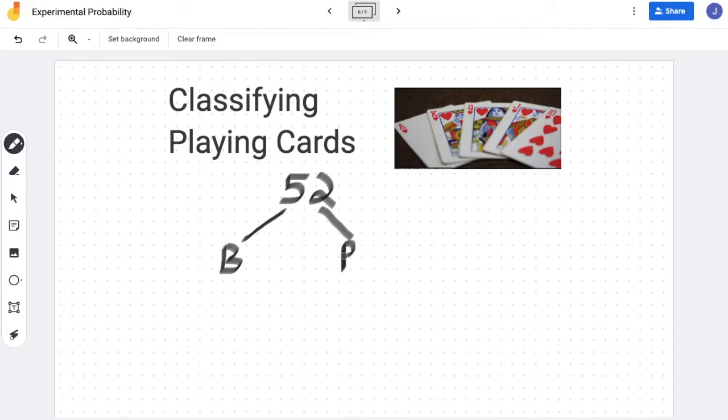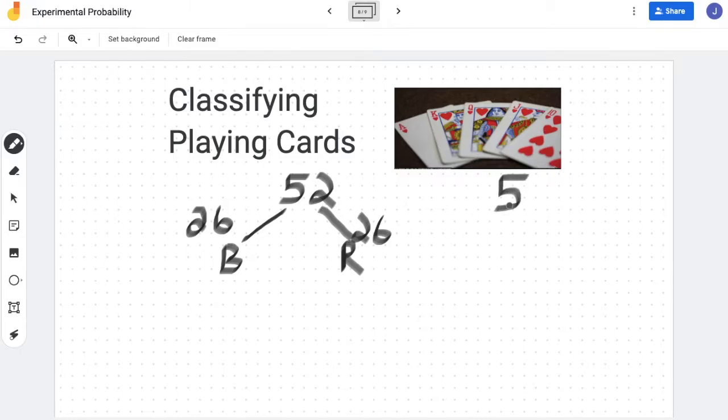So I'm going to go ahead and put them down as black and red. Now if I divide 52 into 2, I'm going to get 26 black cards. 52 divided by 2 is 26. That means I'm also going to get 26 red cards. Okay, so that's one way I could classify playing cards.